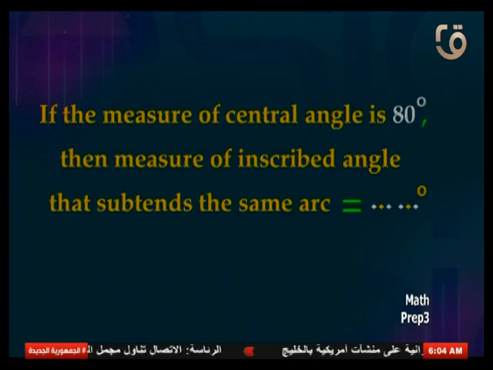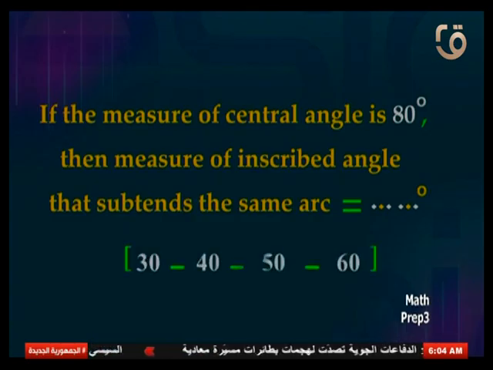Another example. If the measure of the central angle is 80 degrees, then measure of the inscribed angle that subtends the same arc equals 30 degrees, 40 degrees, 50 degrees, or 60 degrees. At the very beginning, what is the relation between the measure of the central angle and the measure of the inscribed angle when they are subtended by the same arc?